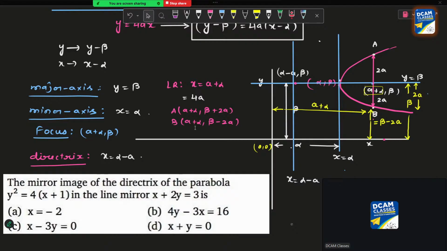Remember, first I want the equation of the directrix, whose mirror image we need to find. So is it x plus 2 is equal to 0? Very good. Directrix is correct.